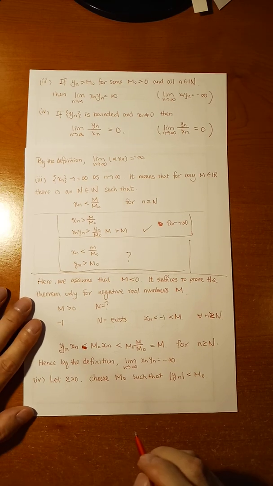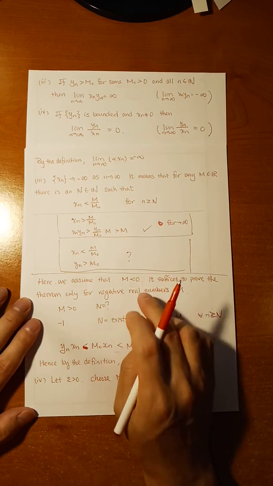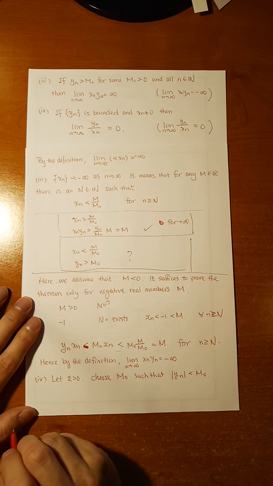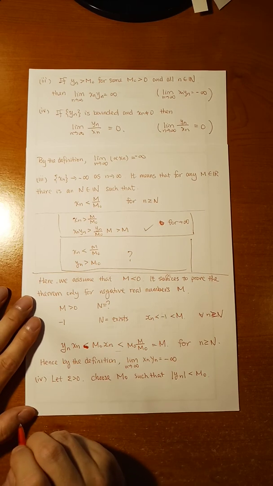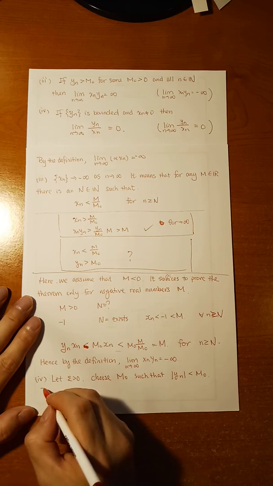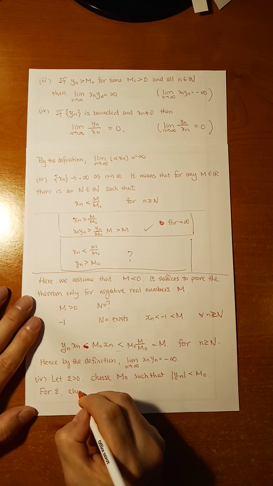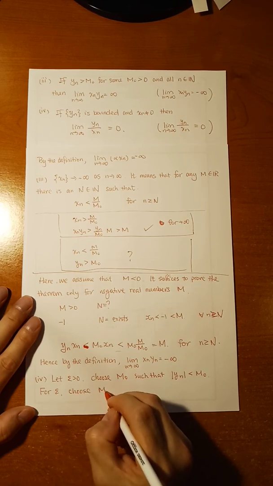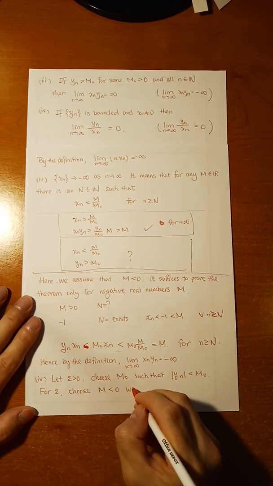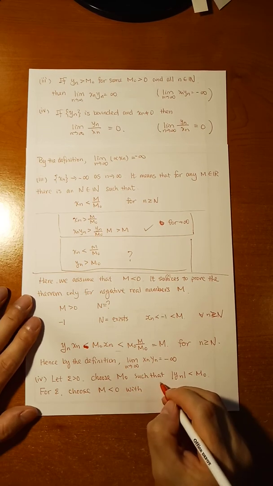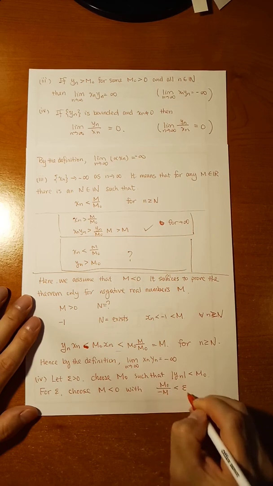Again, remember we are going to use this. For epsilon, choose m negative with m0 over negative m less than epsilon.